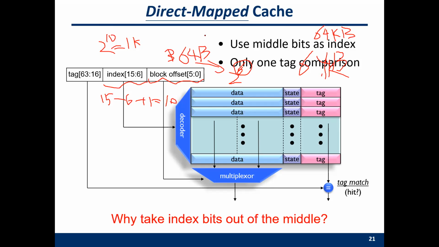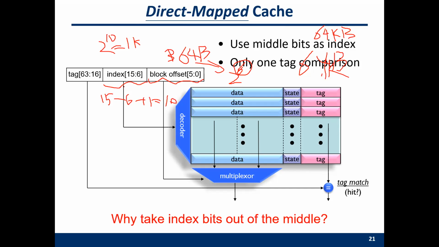First, you need to understand the block offset. If each cache line is 64 bytes, then you have 6 bits here. If each cache line is 16 bytes, then you only have 4 bits. Then you divide the total capacity by the block size. Yes, it's the block size, not the block offset. Each block size is 64 bytes, so you have 1K lines, 1K indexes if it's organized as a direct mapped cache.